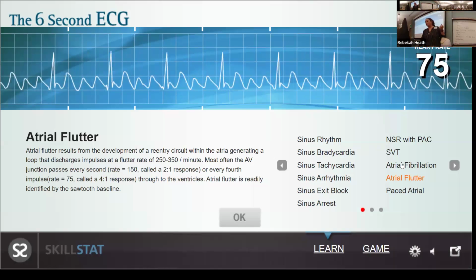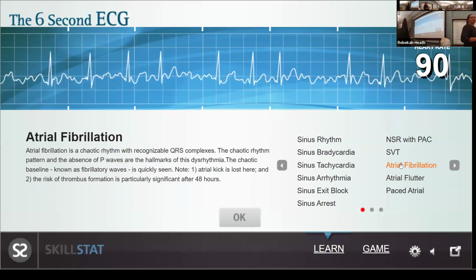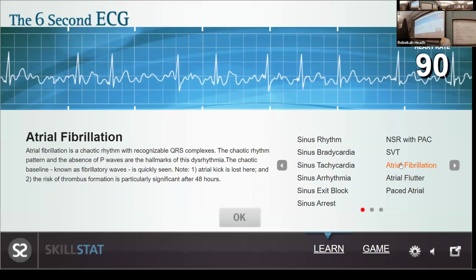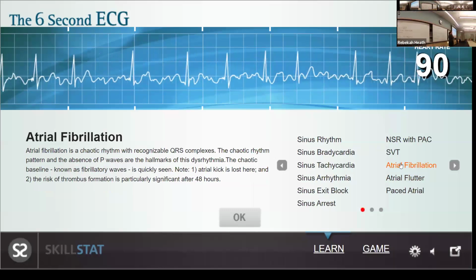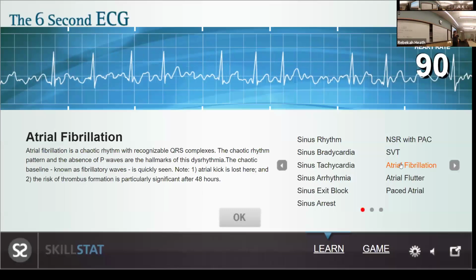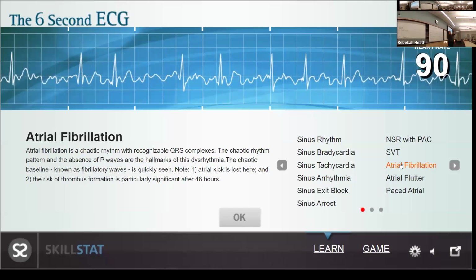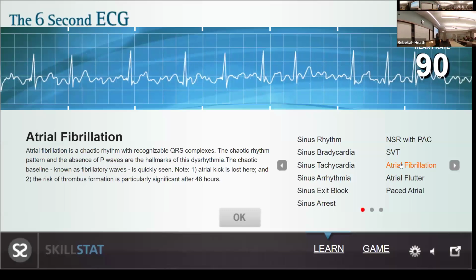Now, atrial fibrillation can get a little more tricky for students, or just nurses in general, when we're doing EKG interpretation. What's happening in our atrium when we have atrial fibrillation? Yeah, good job, Jade. It's just spazzing, right?